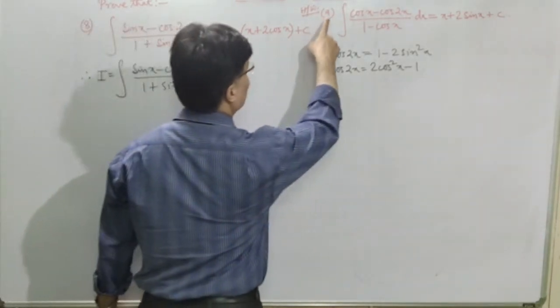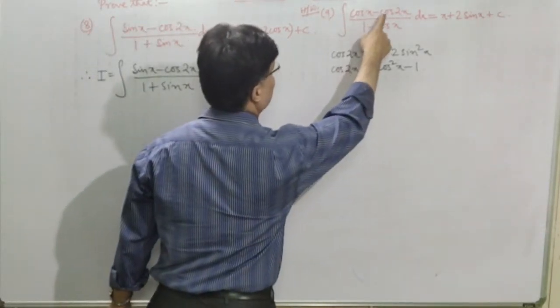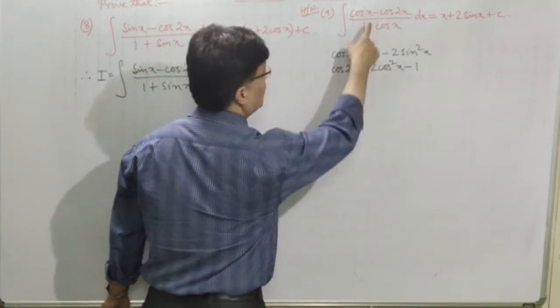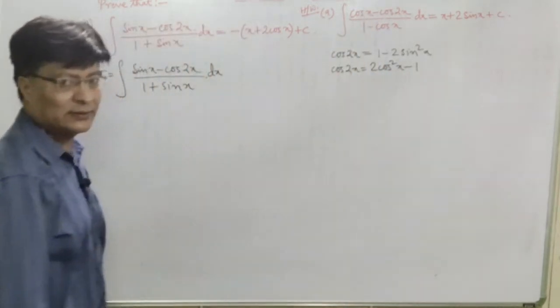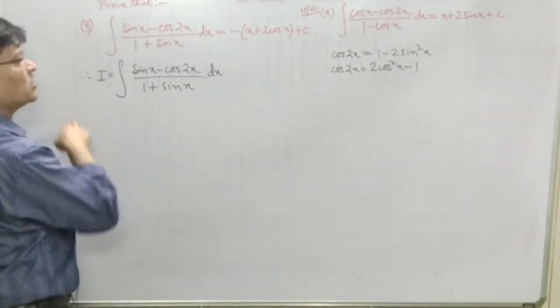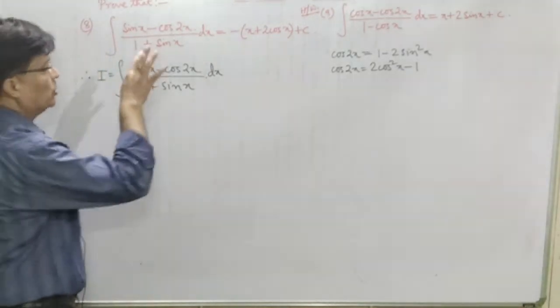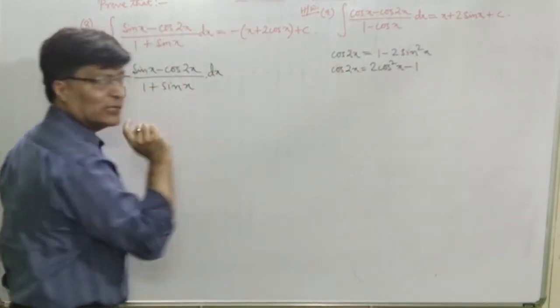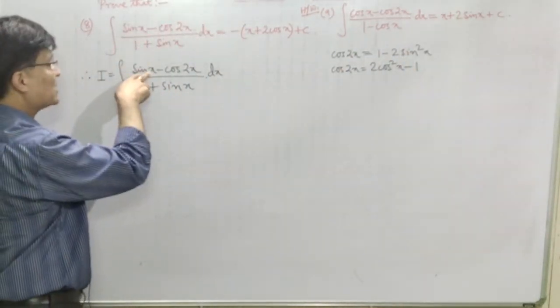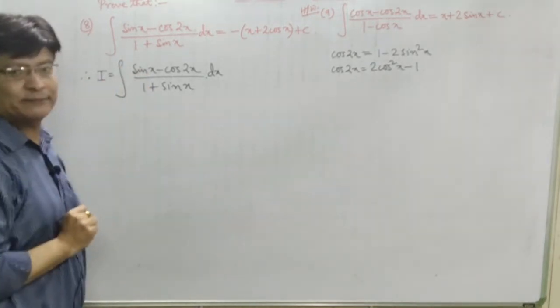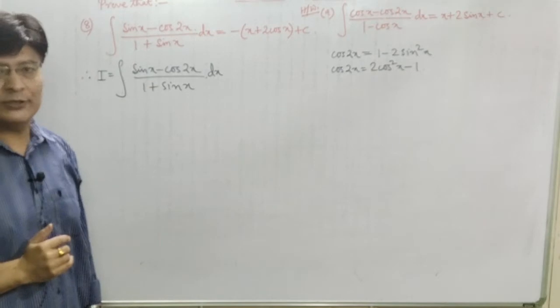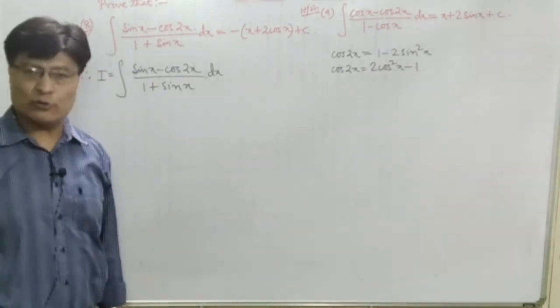So for question number 9, you have to express cos 2x in terms of cos x, that is 2 cos square x minus 1, because cos x is given out here. But for problem number 8, you have to express cos 2x in terms of sin x, that is 1 minus 2 sin square x, because in this case the first term is sin x. So I think you have understood the difference between these two problems. So you can do number 9 at home.